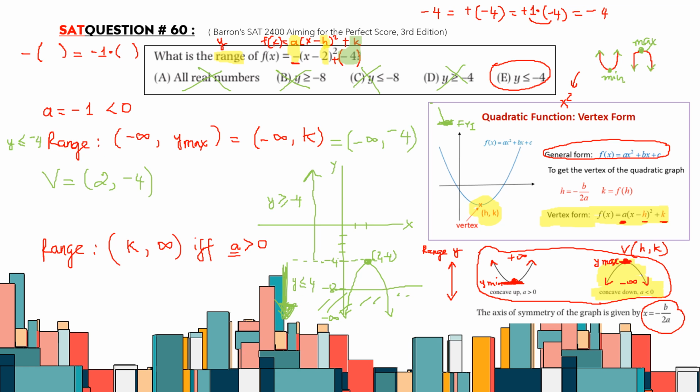In that case, the graph is concave up, with the vertex k right there, and it goes up. It will be negative infinity to k if and only if a is less than 0, where the graph is concave down.